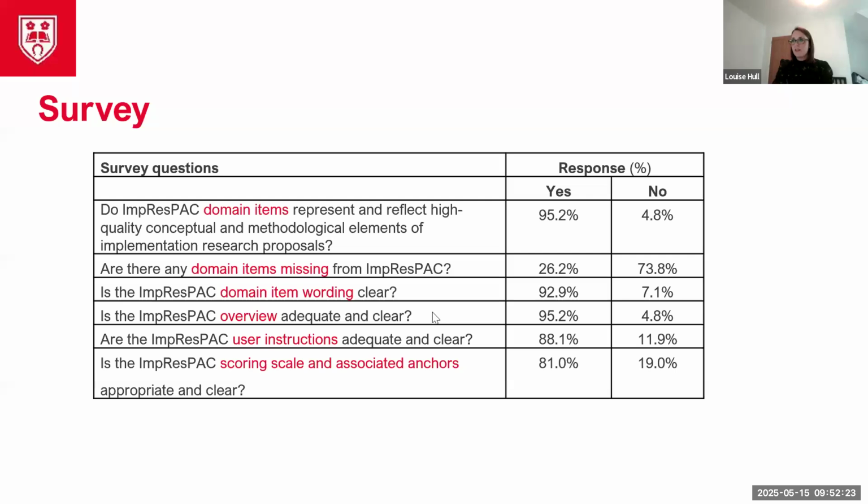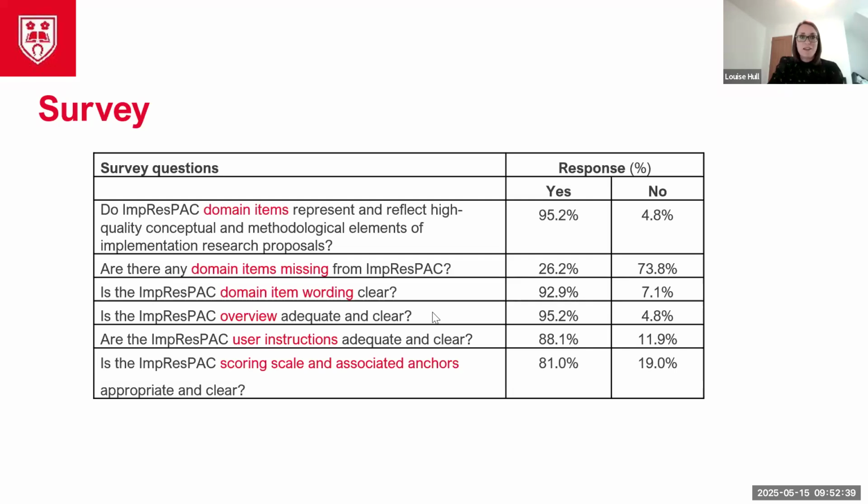We asked them numerous other questions. So, for example, 95% of the expert panel agreed that the domain items represent and reflect high quality conceptual and methodological elements of implementation research proposals.